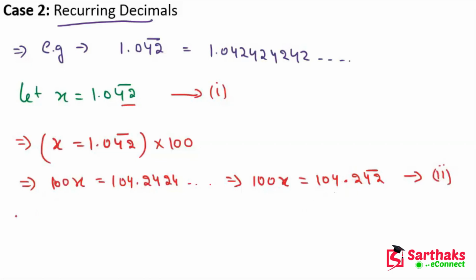Now after this, subtract equation 1 from equation 2. If we subtract, we get 100x minus x equals 104.242 bar minus 1.042 bar.